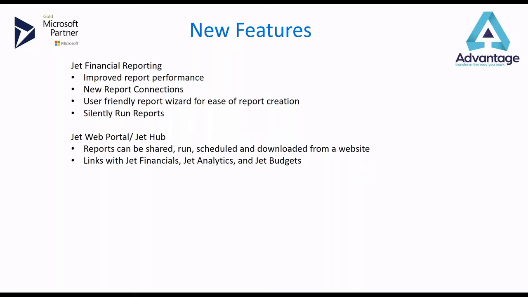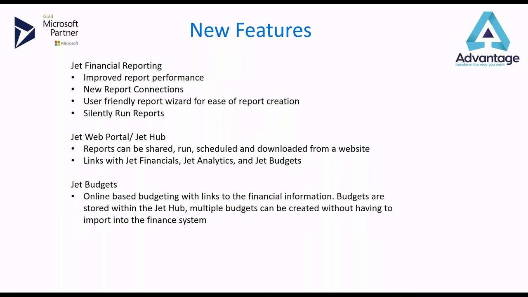As I said, the Jet portal can link with financials, analytics, budgets, and flat files. And the new addition to Jet 2019 is the add-in of Jet budgets. What Jet budgets allows you to do is create your budgets online with links back to your financial system, and the budgets themselves are stored within the Jet Hub on the website, and so you can have multiple budgets without having to have them in your finance system.